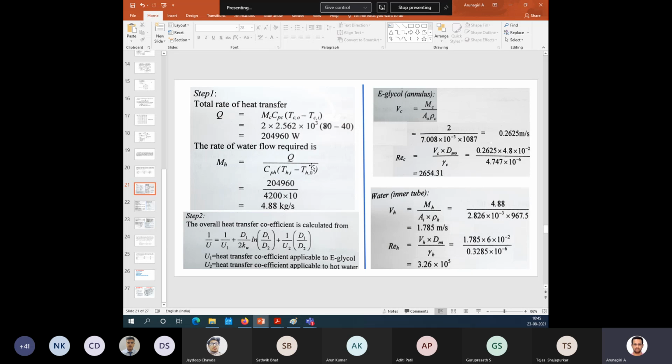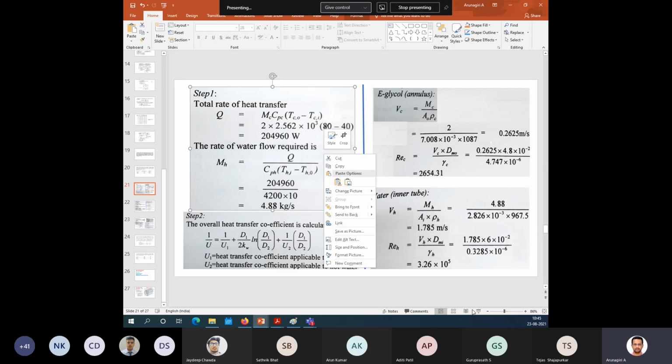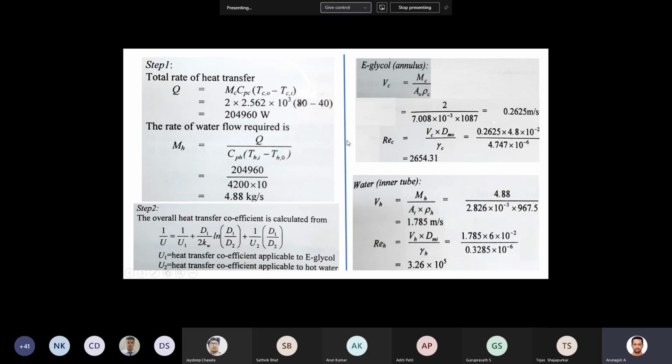So kindly check, are you getting this value? 2 into 2.562, this is kilojoule, so this is the conversion: 10 power 3, kilojoules is converted into joules. So you can calculate the rate of heat transfer from the ethylene glycol to water.